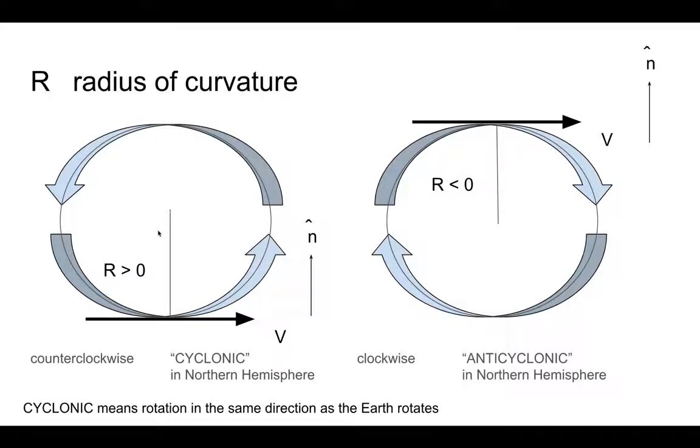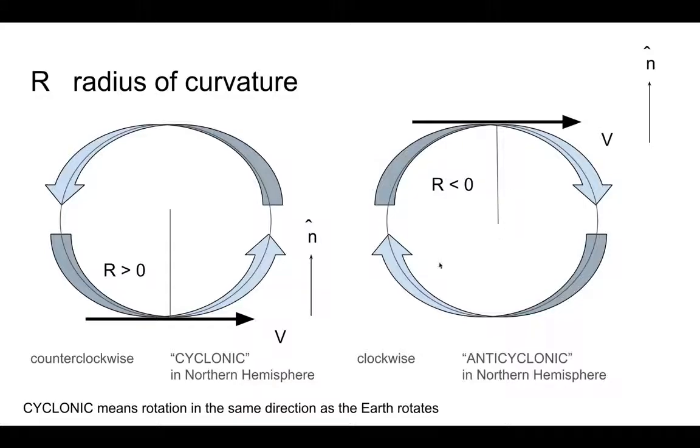You don't always get a perfect circle with the real flow, so you try to fit the circle in the vicinity of the actual wind that you're analyzing as best you can, and then measure the radius of that circle. And if it's counterclockwise, we define that as a positive r. And then the opposite is a negative.